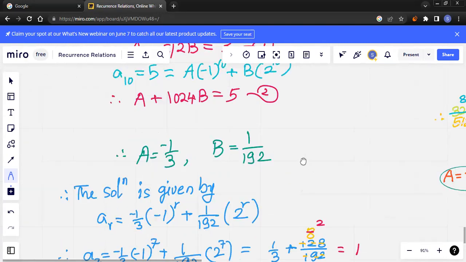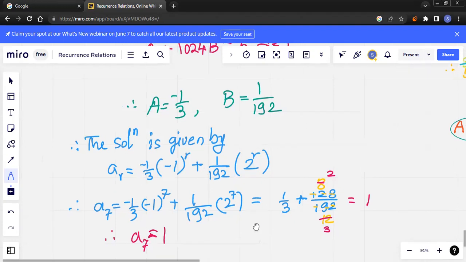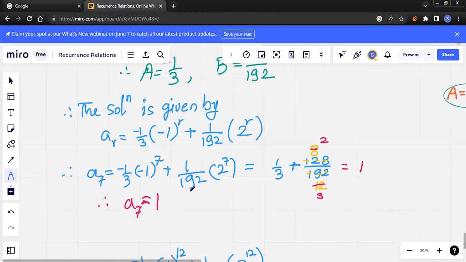So the solution is given by a_r is equal to minus 1/3, the value of A, into minus 1 raised to r plus 1 upon 192 into 2 raised to r. Now you are required to find out a_7. So put r equal to 7 everywhere. So you'll get it to be minus 1/3 into minus 1 raised to 7 plus 1 upon 192 into 2 raised to 7.